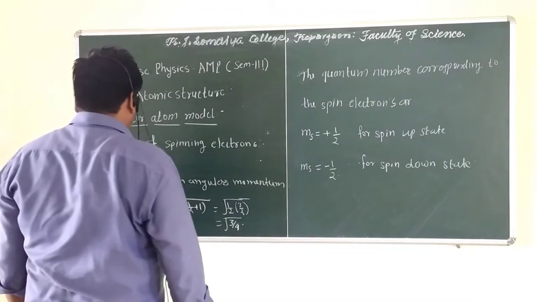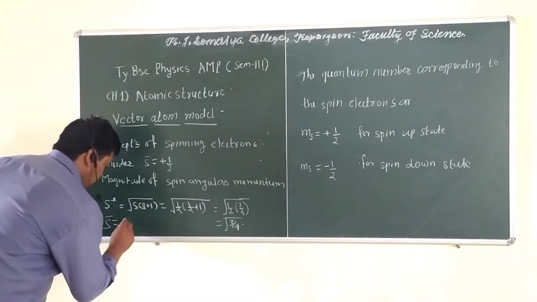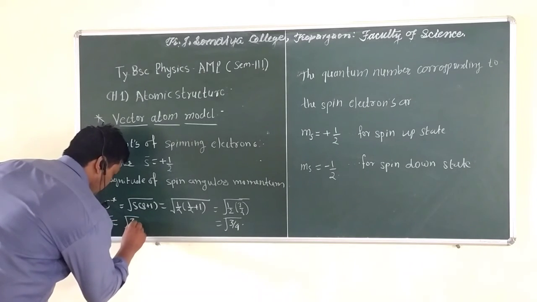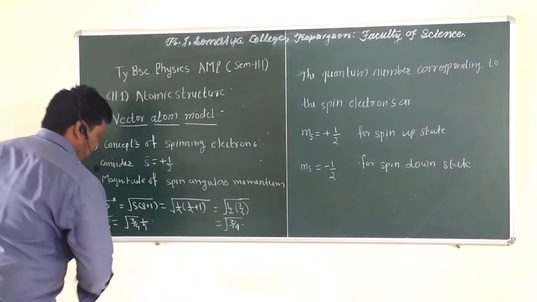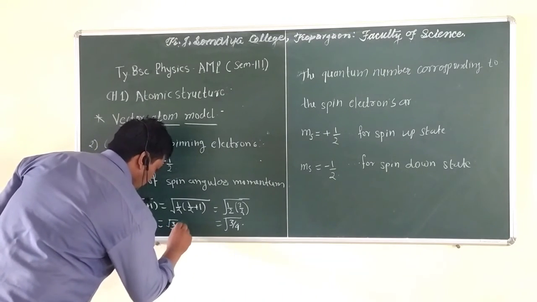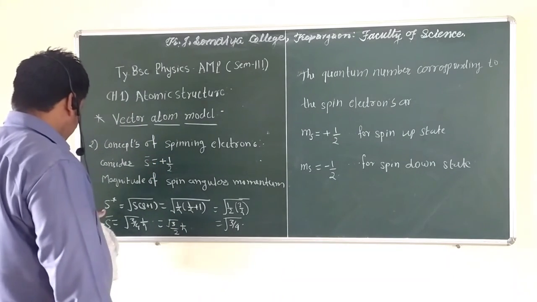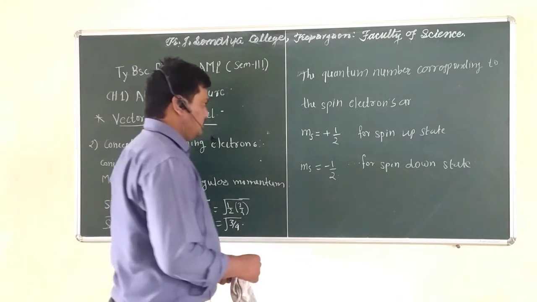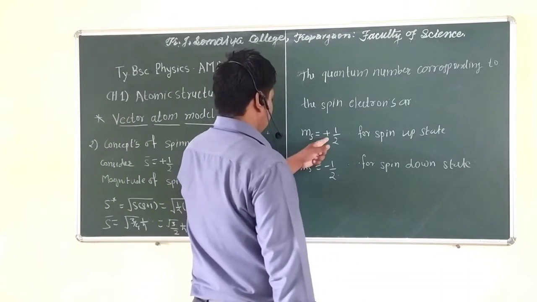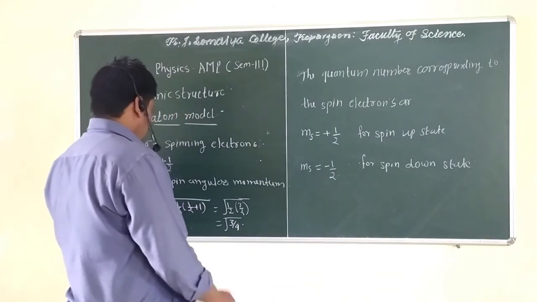Okay, and the value of S bar, the spin angular momentum, is under root of 3 by 4 h cross, that is root 3 by 2 h cross. So this is the value of S bar, and the ms value is plus half and minus half for the up and down state.